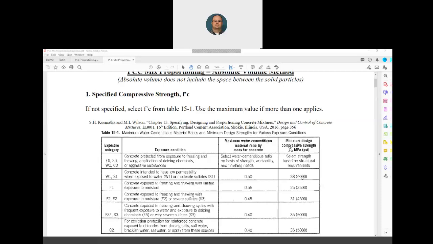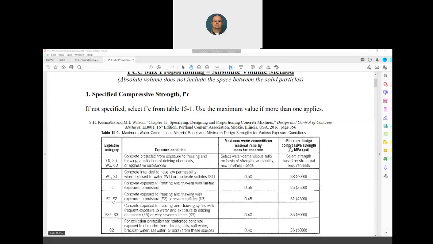You've got to pick the maximum design strength. Vice versa, say I only need 3,000 pounds per square inch concrete for my foundation wall, but I need low permeability, it's telling me I better design it for 4,000. So I would use that value for specified compressive strength.